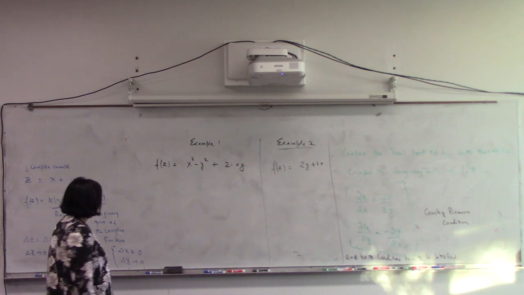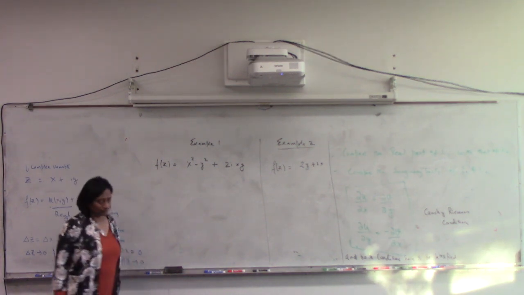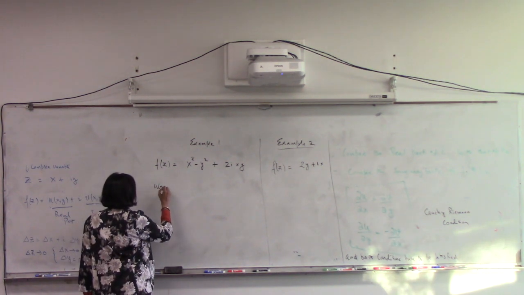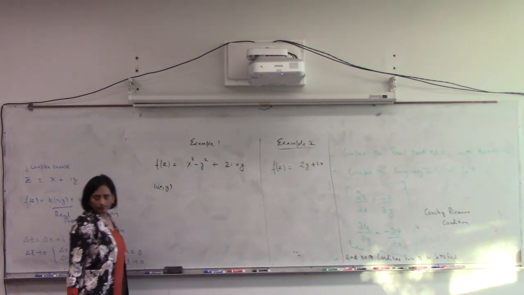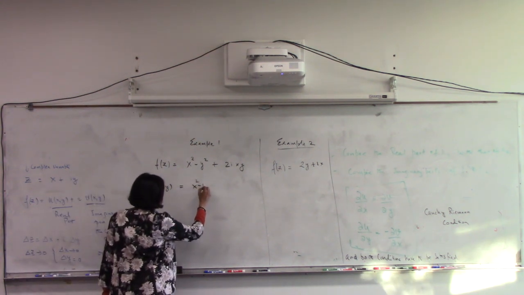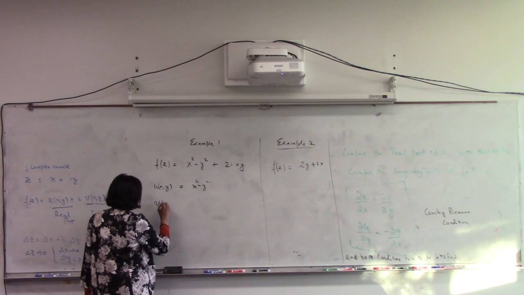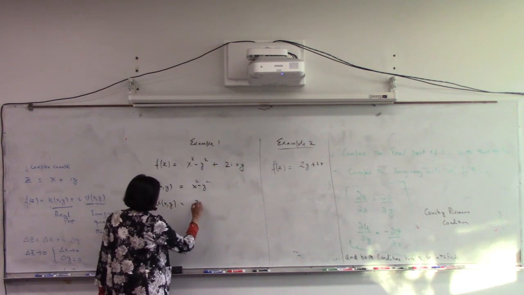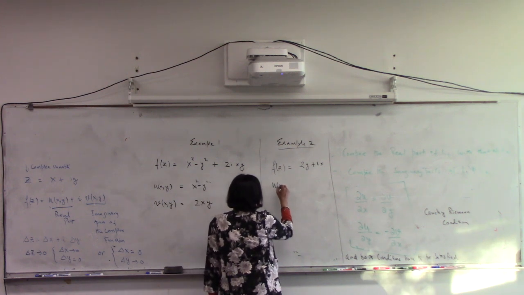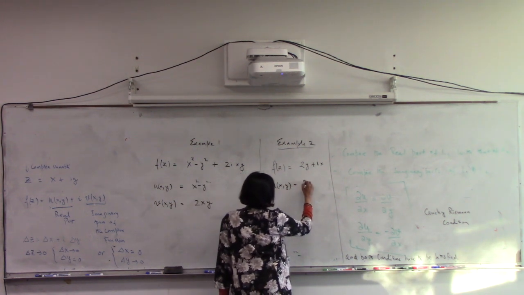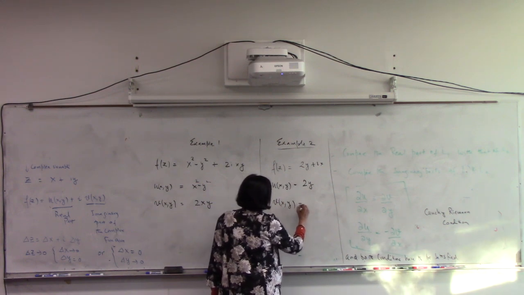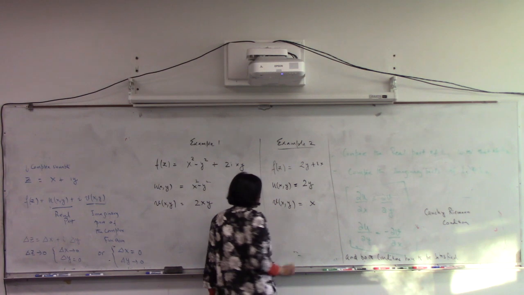What is u here? What is u of x, y in the first case? That's the real part of the function, right? So that is x squared minus y squared. That's the first thing. v of x, y is 2xy. That's the first thing that I identify. And here, the real part is just 2y. The imaginary part of f of z is simply x. The rest should be easy.